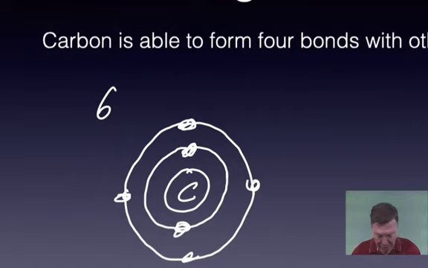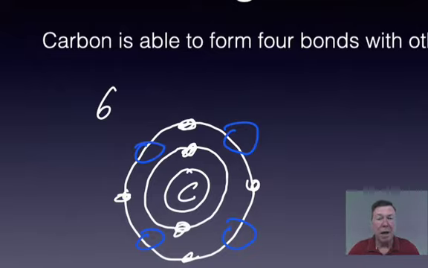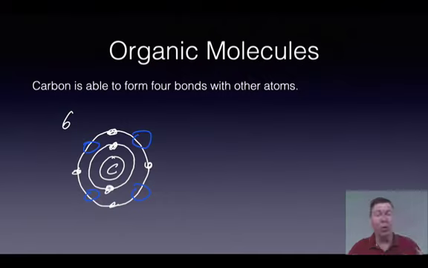That means that there are 4 places in which it can bond with other things. That works really well. It's a really light atom, and it has 4 bonding sites, and that allows us to create all kinds of different shaped molecules.